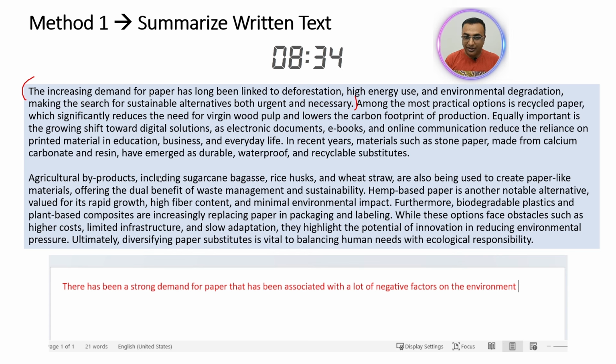Instead of writing everything, I have concised it and put negative factors on the environment. Okay. Now let's search for the second sentence.